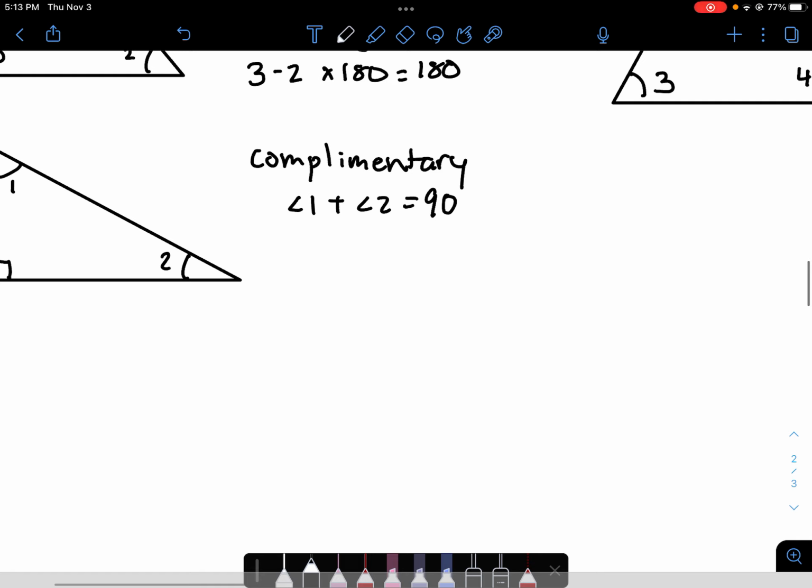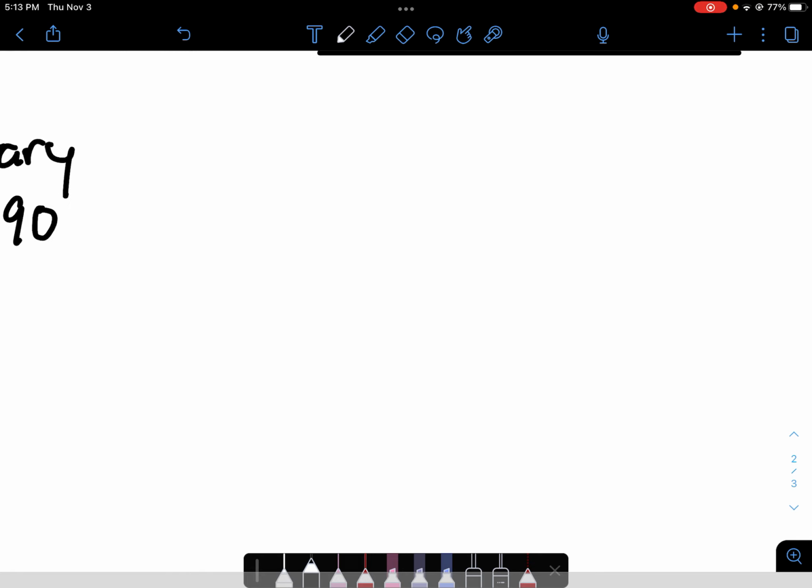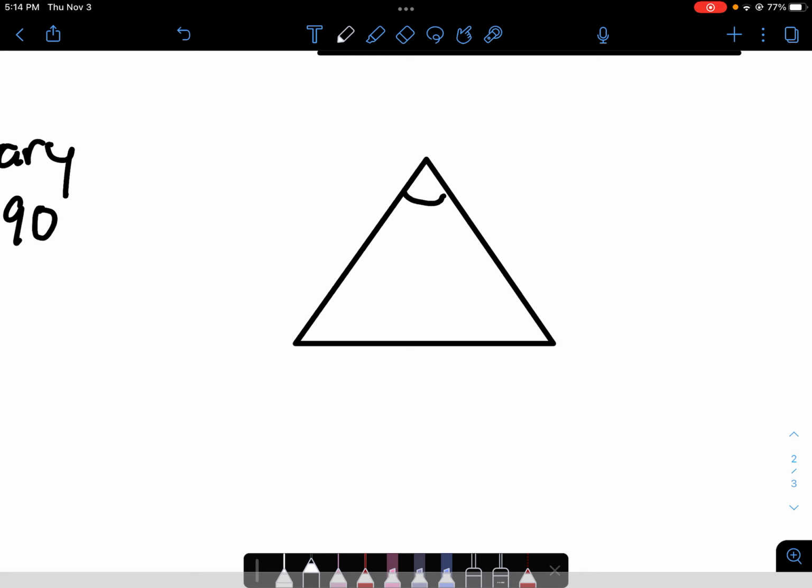And another corollary that we can think of is that there can be at most one obtuse or right angle in a triangle. We can say that in a triangle, one of the angles is greater than 90, so we can say that it's 91.